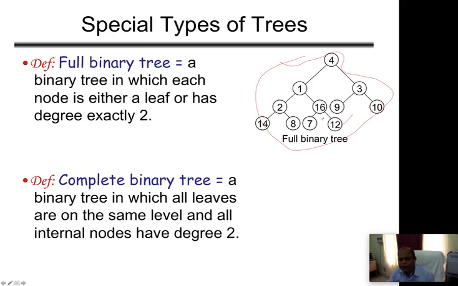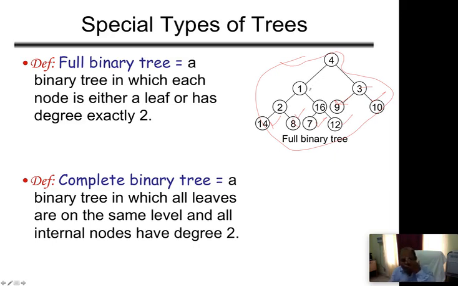Here 12 is a leaf, 7, 8, 14, 10 and 9, they are leaves. And here 2, 16, 1, 3 and 4 are the non-leaf nodes, and remember that those non-leaf nodes have exactly two children. If this condition is satisfied, then we call it a full binary tree.